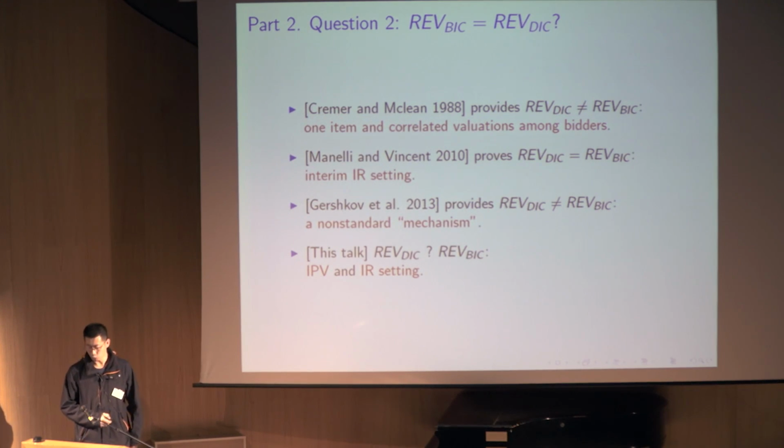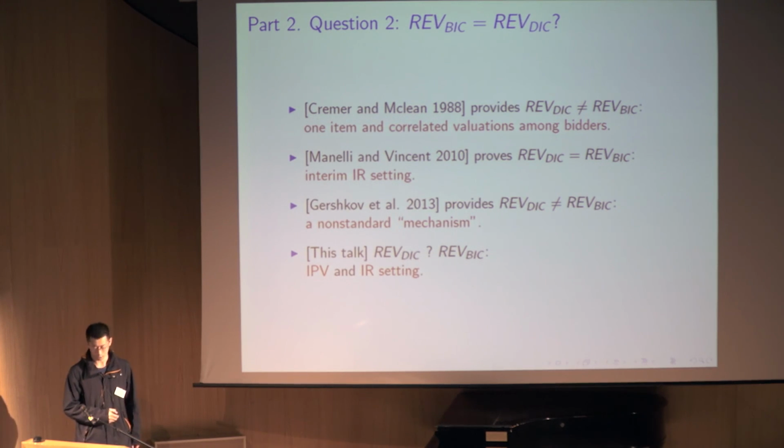Cremer and McLean provide an equivalence example, but the buyers have correlated valuations. And Manelli and Vincent prove the equivalence, but in the interim IR setting. And Gershkov provides an inequivalence example, but in a non-standard mechanism.